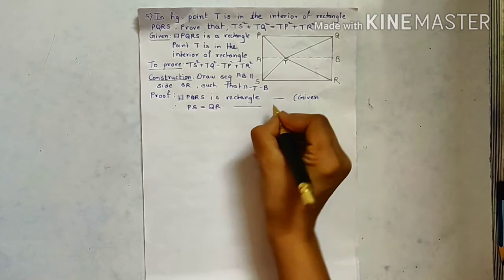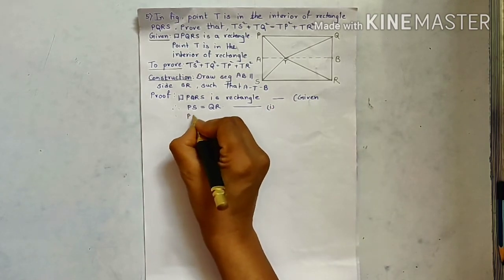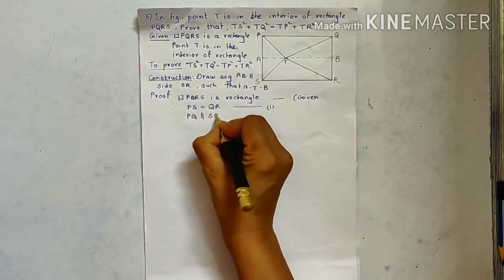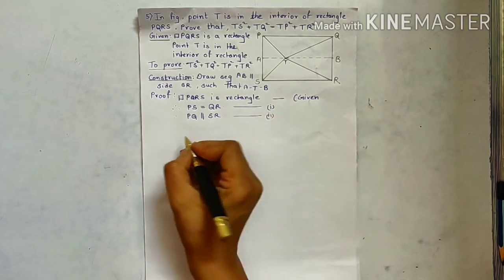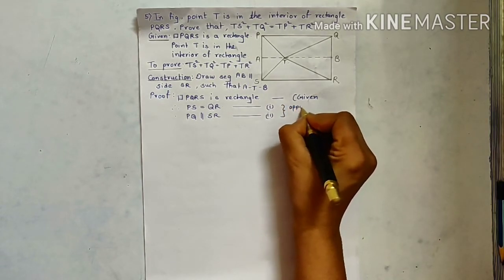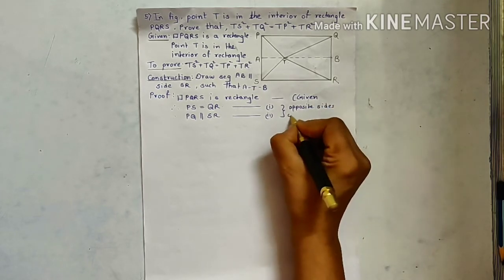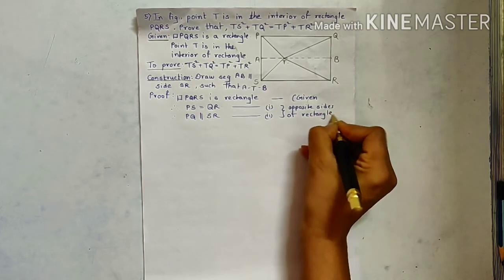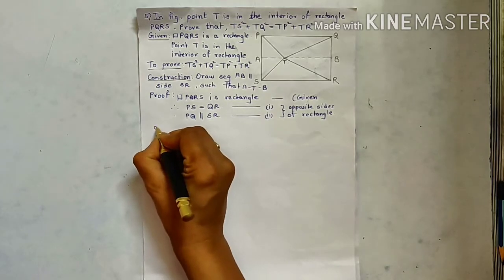Number it as 1, and PQ parallel to SR. Number it as 2. What is the reason for these two? They are the opposite sides of rectangle. Opposite sides of rectangle.